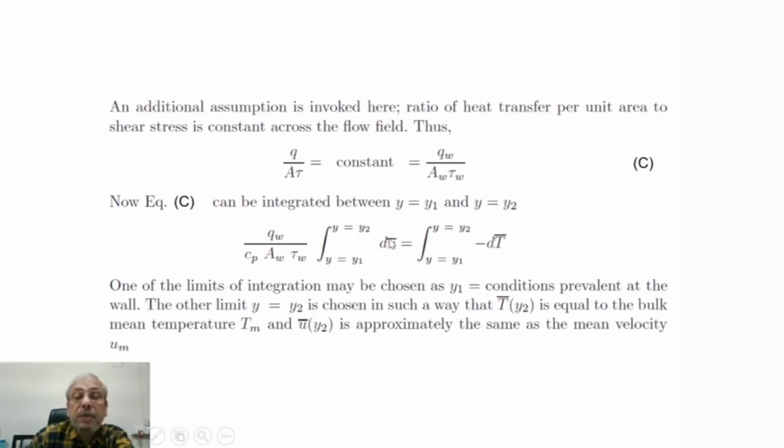The velocity at y1 is 0, so we integrate du bar from 0 to the mean velocity. Similarly, T bar is integrated from the wall to y2 such that y2 gives the bulk mean temperature, and y1 is the wall temperature.